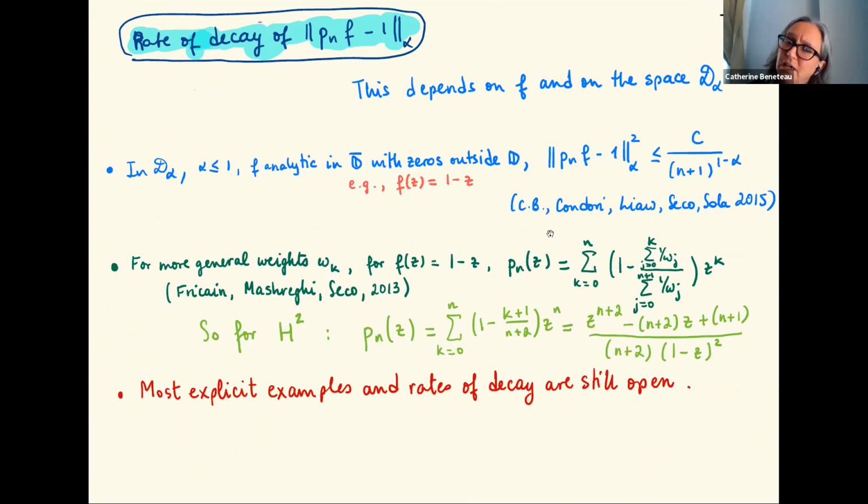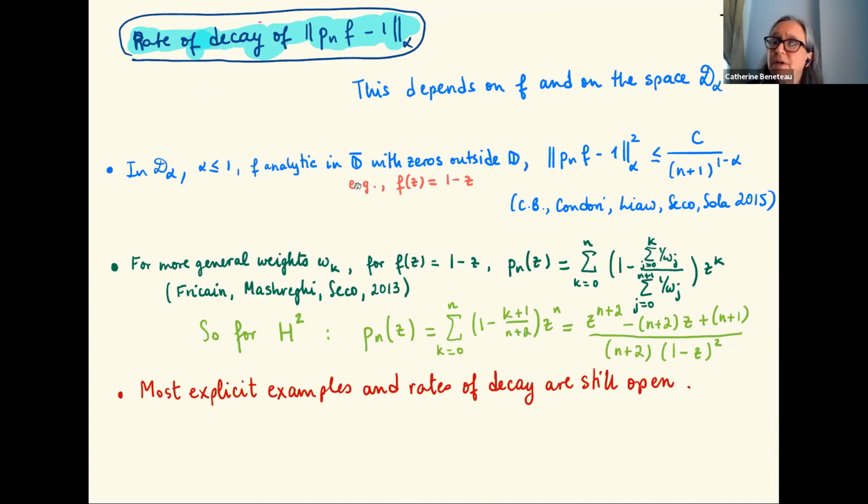When I mentioned that Alberto, Connie, Danielle, Alan and I were interested in working on cyclicity and didn't get very far at first, but studied these optimal approximants instead, one of the things we were interested in was, how fast is the rate of decay of this PNF minus 1 for a particular F? Of course it's going to depend on F and on the space. The interesting situation is an F that has zeros on the circle.